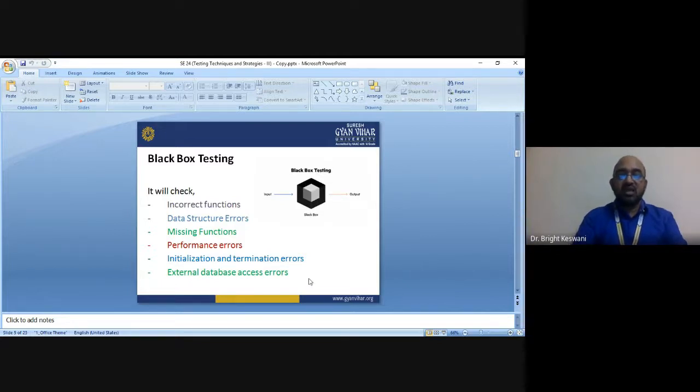Other names for black box testing include specification testing, behavioral testing, data driven testing, functional testing, or input output driven testing.